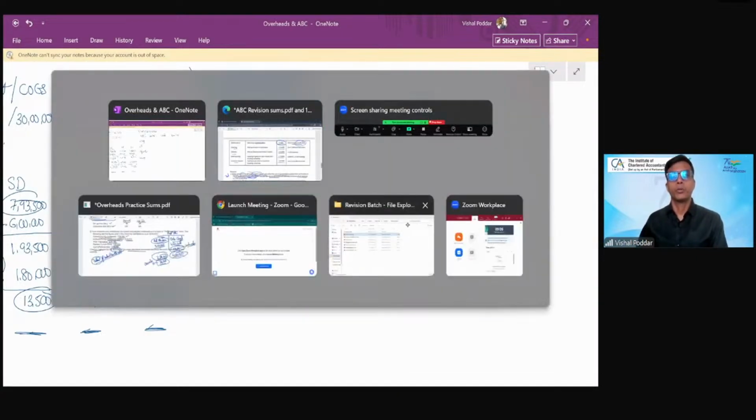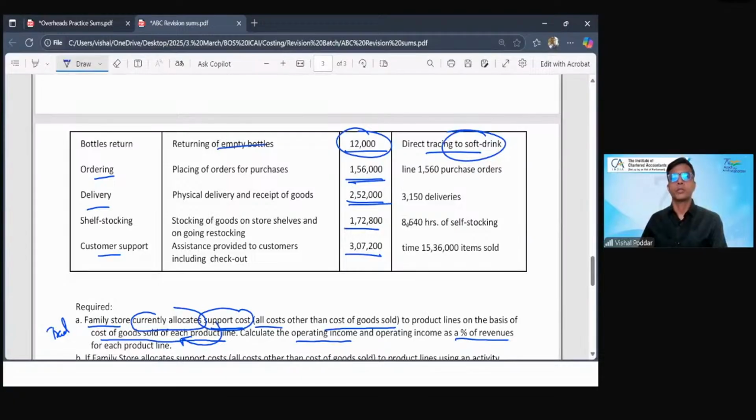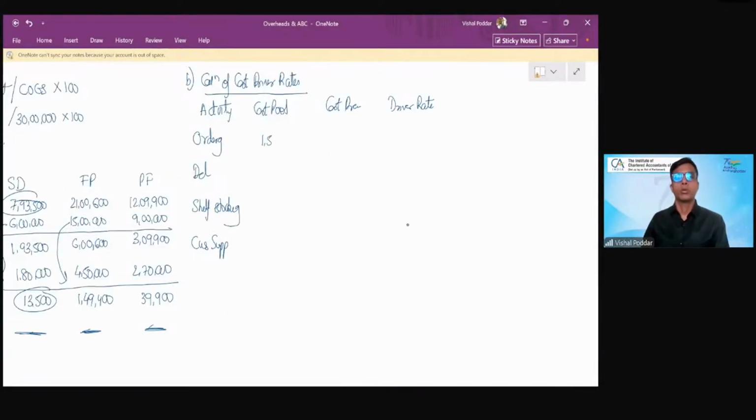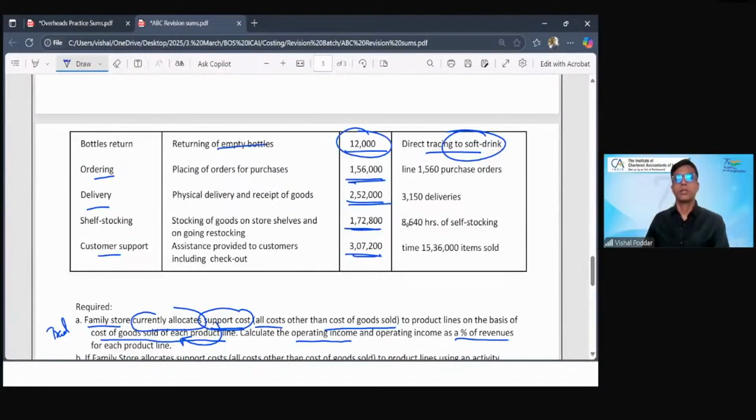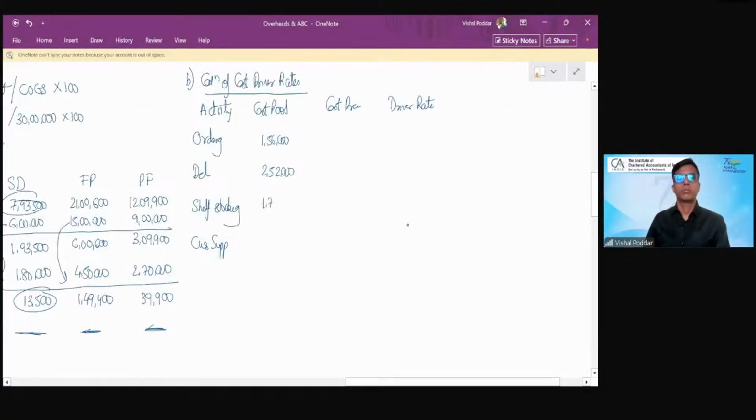Now, what is the cost pool? 156,52. Then 172,800, 307,200.